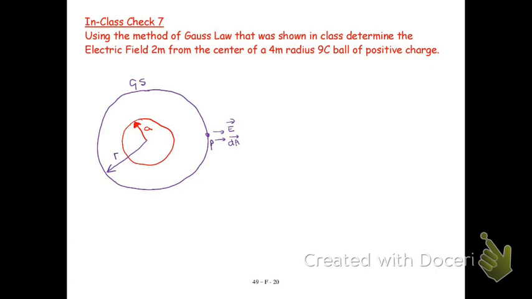And I say my flux is equal to the surface integral of E dotted with dA, and that equals Q inside over epsilon naught.